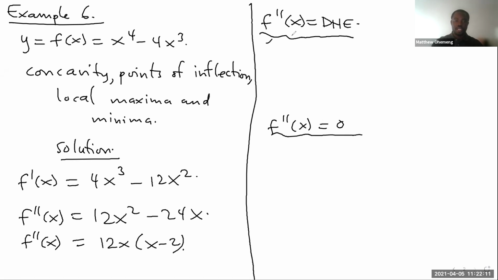For the first one, since the original function is a polynomial, the domain is all real numbers, and f prime prime is also a polynomial. So there will be no s which will make this DNE. So no critical point here.